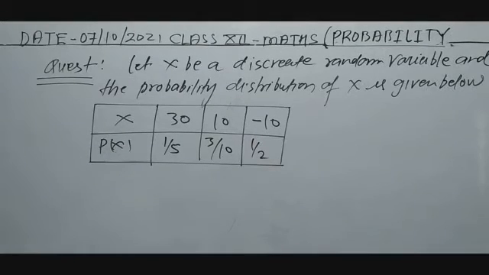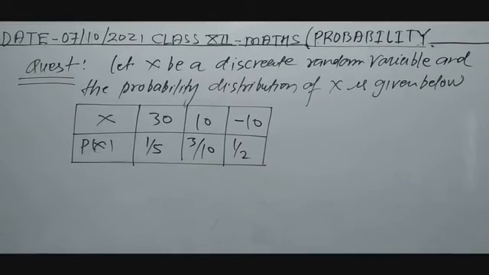Now what do we have to find? The question is: let X be a discrete random variable and the probability distribution of X is given by 30, 10, minus 10 as the random variable and their corresponding probabilities 1 by 5, 3 by 10 and 1 by 2.